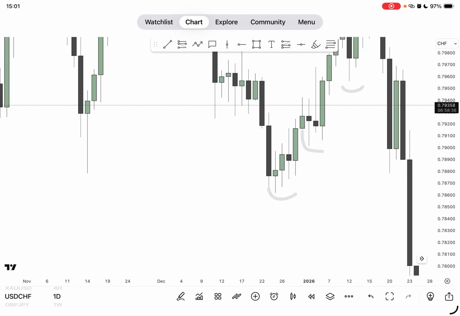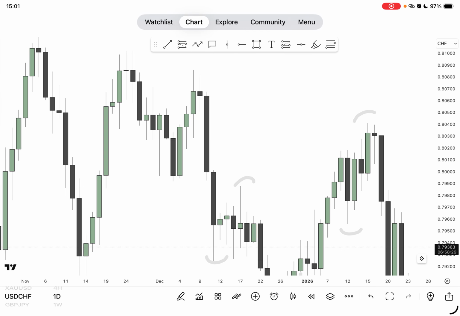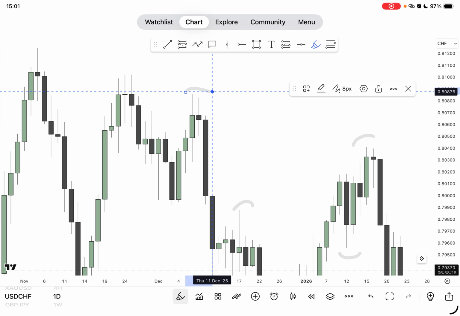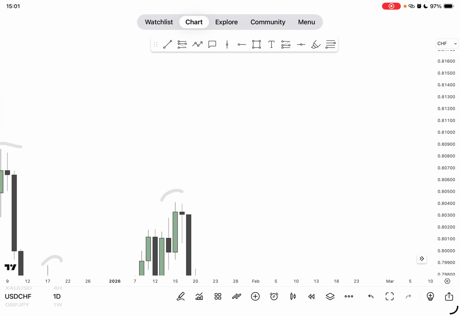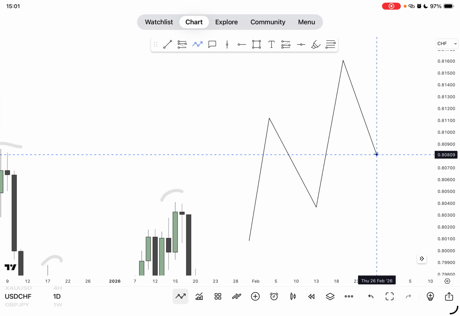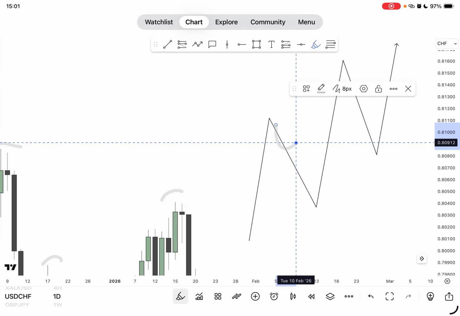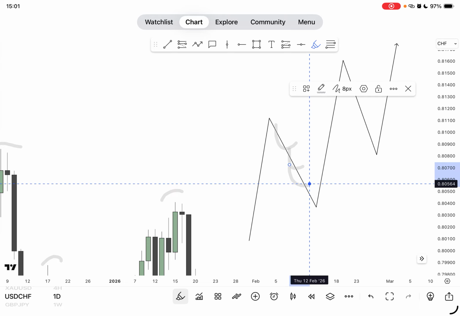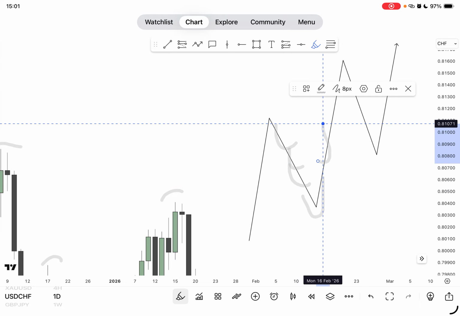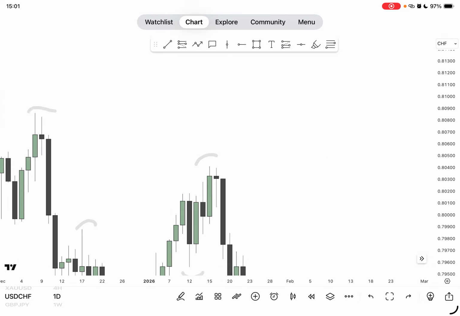We have a swing pattern here, and we also have a swing pattern here, right? Swing high, swing low. This is it. Most people just tell you to trade swing high, swing low, swing high, swing low. But I'm telling you that there are other swing highs and swing lows here that you can use to carry the trade downward, and you can use to carry the trade upward. Do you understand? Knowing where price is starting from and knowing where price is going to, right?